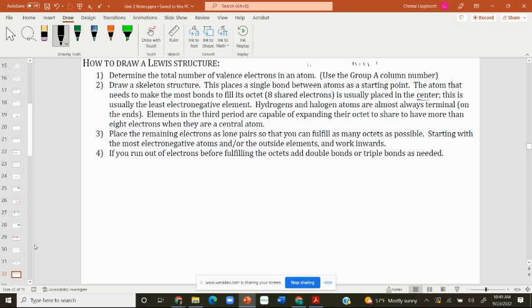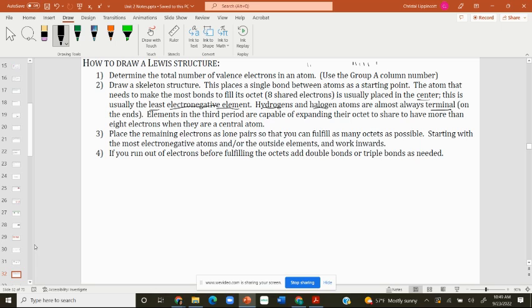This is usually the least electronegative element. That's important. Hydrogens and halogens have to be terminal. They have to be on the end, particularly fluorine and hydrogen.